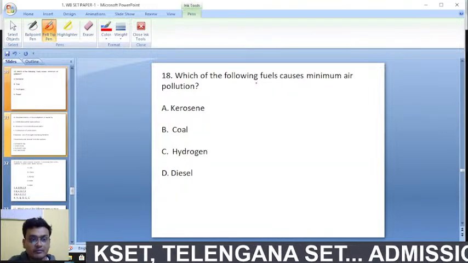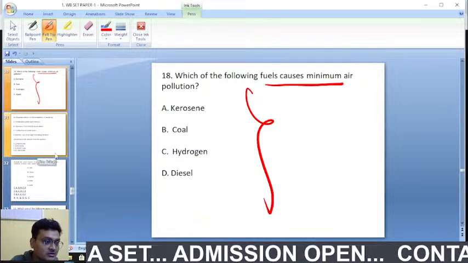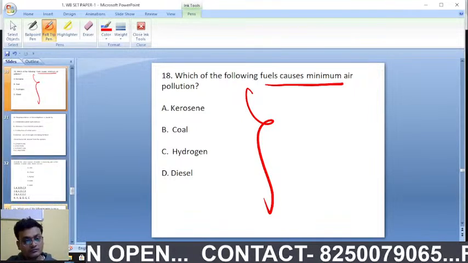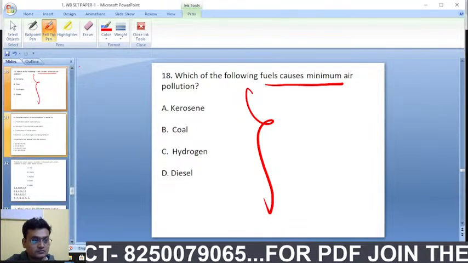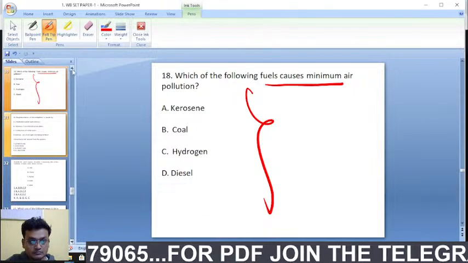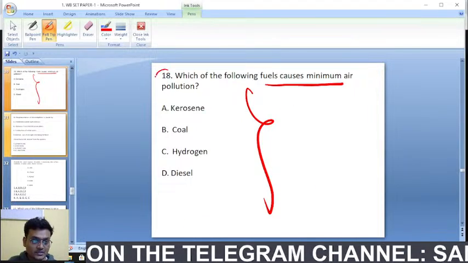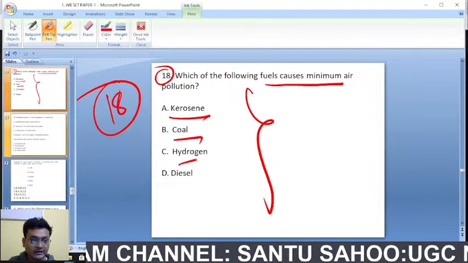अच्छा, which of the following fuels causes minimum air pollution? Question number 18. Kerosene, coal, hydrogen, diesel.